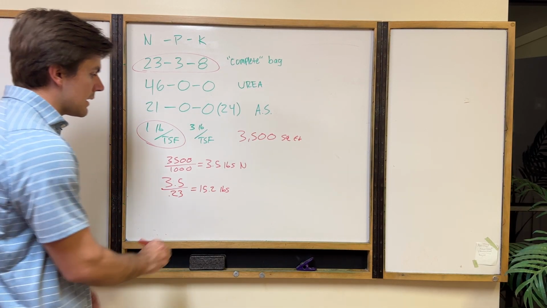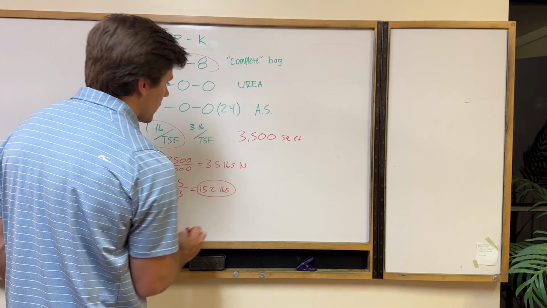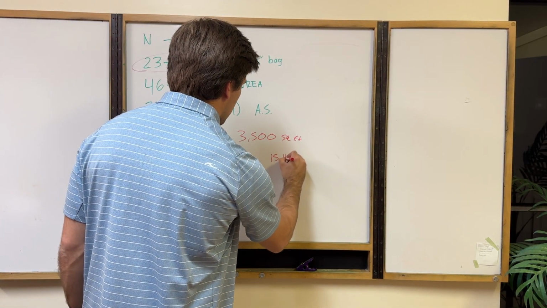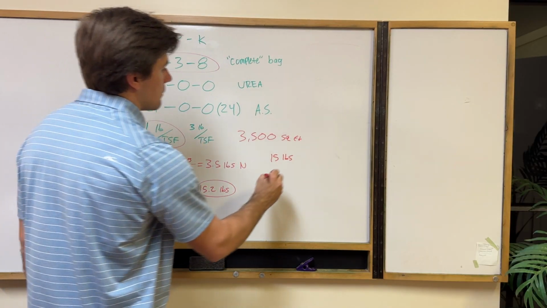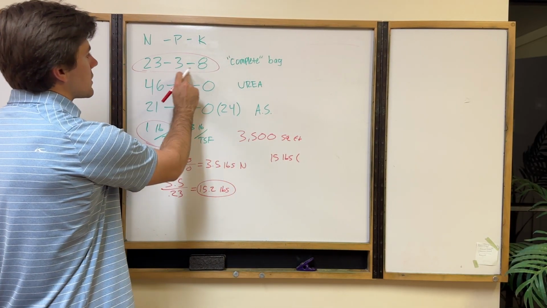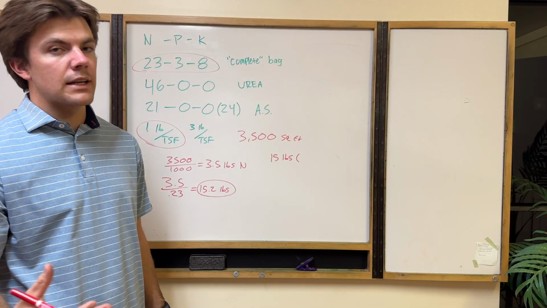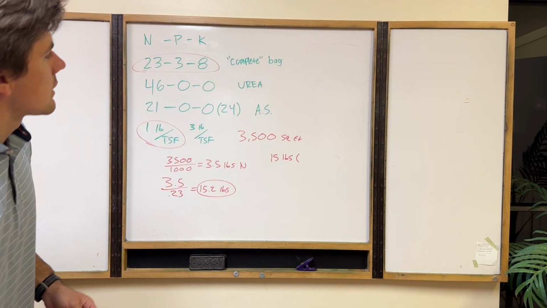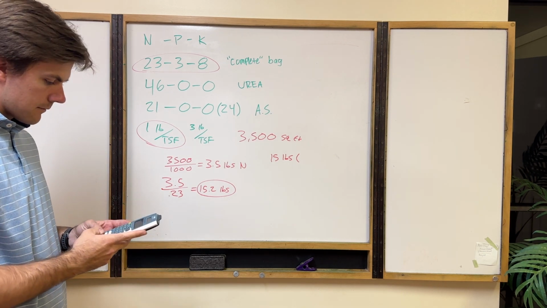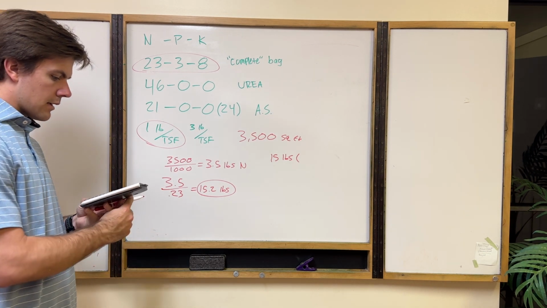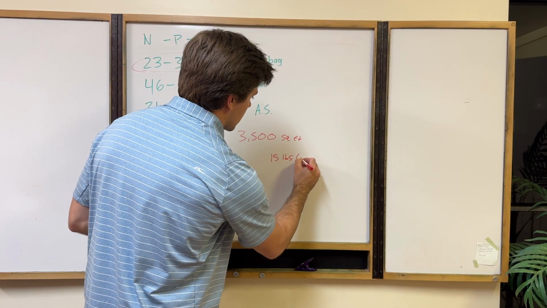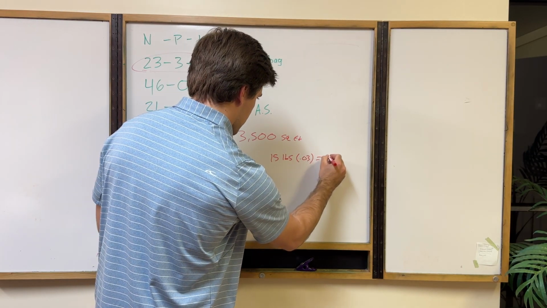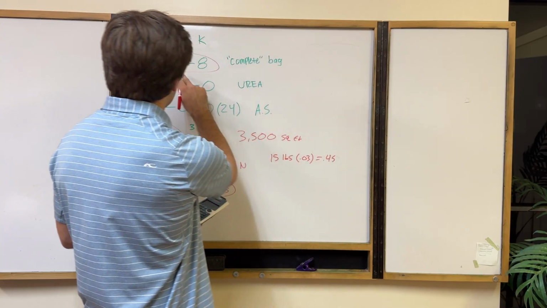Now, if you have 15 pounds of product, we can use that, come over here, 15 pounds, and you can multiply it by these other percentages to figure out just how much you're putting down of phosphorus and potassium. So 15 times 0.03. You're getting almost a half pound of phosphorus.